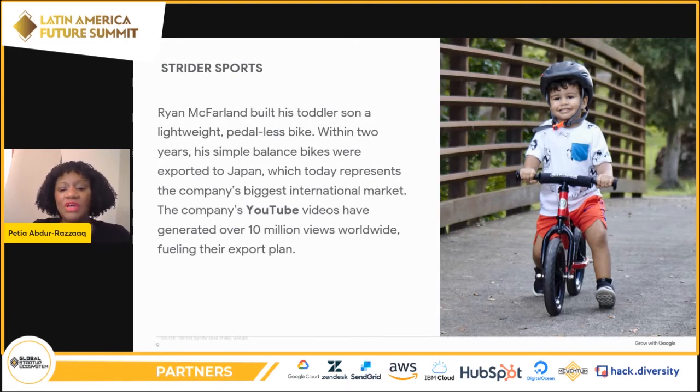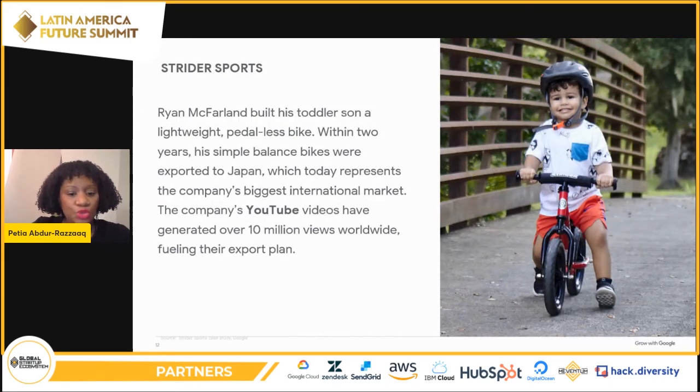So the bike received a lot of interest from other parents, and Ryan sensed that he was onto a really great business idea. In 2007, he launched Strider Sports International Inc. And 2 years later, Strider Sports started exporting products to Japan. Would you know? Today, Japan is Strider's largest international market.